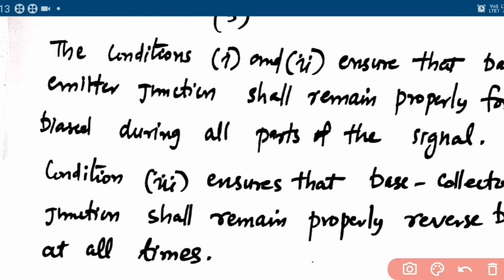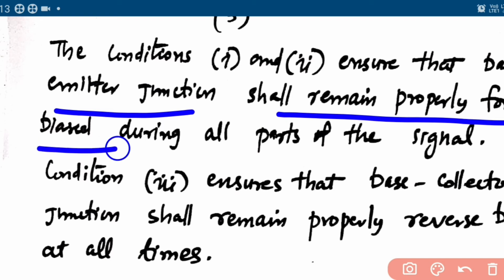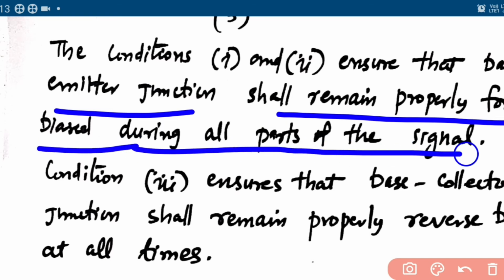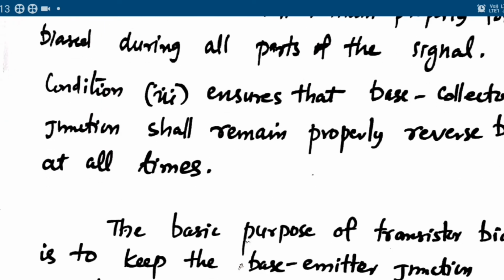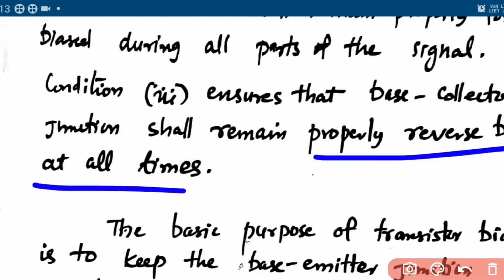ensure that the base emitter junction shall remain properly forward biased during all parts of the signal. The condition 3 ensures that the collector base junction shall remain properly reverse biased at all times.